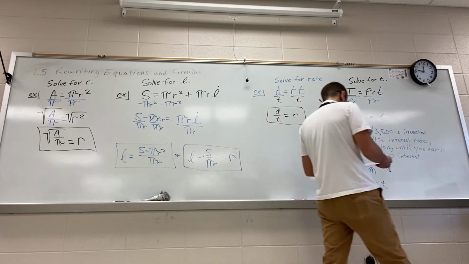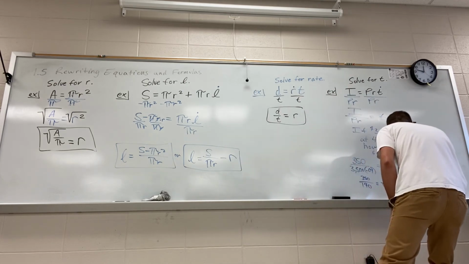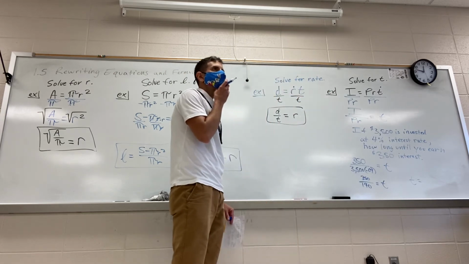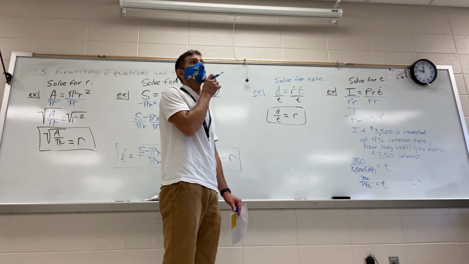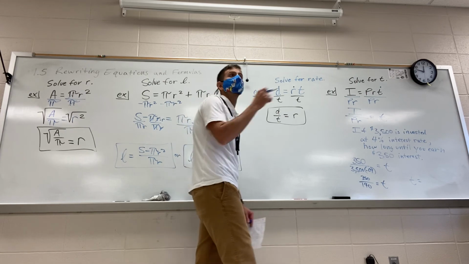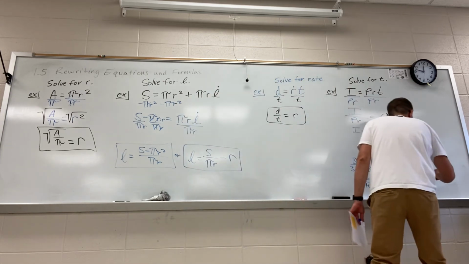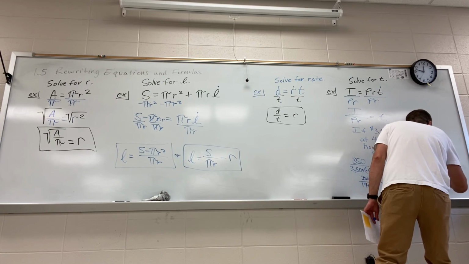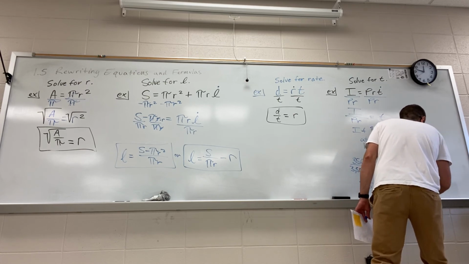And how long does it take? What's that? 2.5. Is it in years or? It's actually in years, yeah. The 2.5 years. 2.5 years. Or 2 years and 6 months.